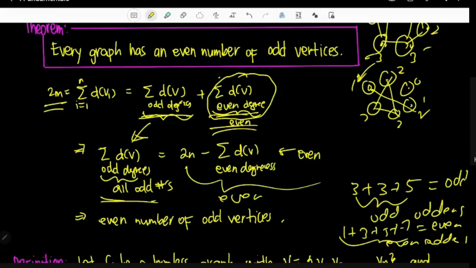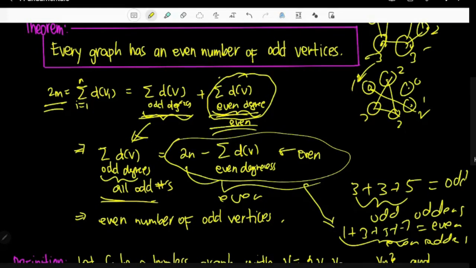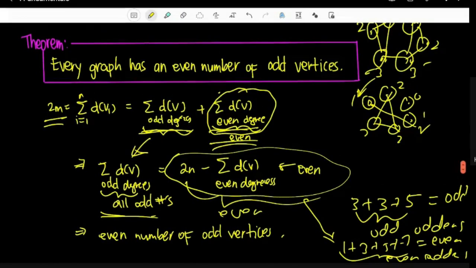So, restricted na dapat ang maging sagot, even. Ito lang yung case na pwedeng mangyari. Meaning, you're adding even numbers of odd degrees. Or in a simple statement, there are even numbers of odd vertices in any graph. So, lagi yan.